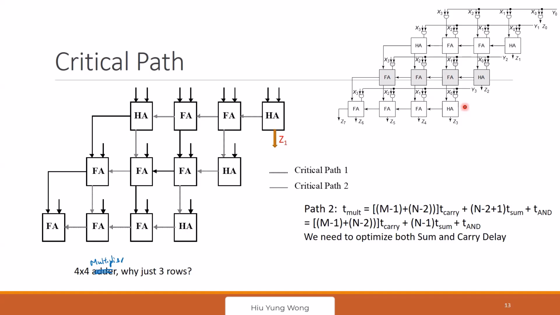Now, what is the critical path? You will see that they're pretty similar. So here we just pick up this path 2. Okay. What do we see? From left to right, basically it is t carry, from here to here.